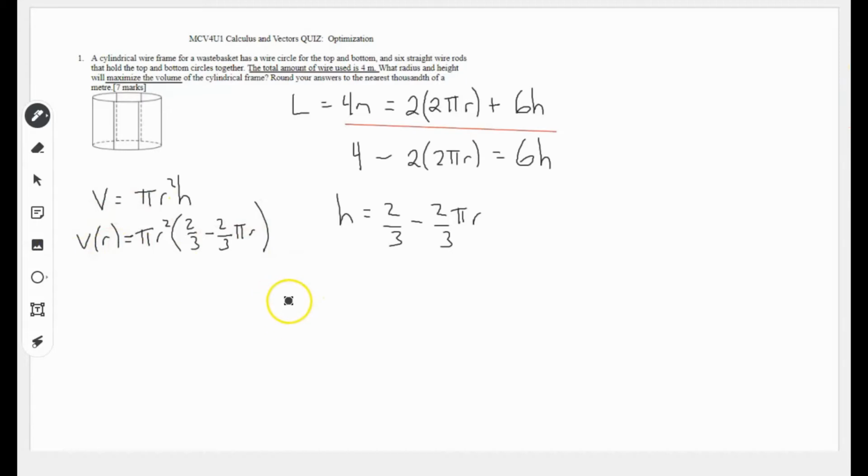I'm going to have to take the derivative of that, but it's going to be easier if I multiply through first. So let's distribute the pi r squared in. We'll end up with 2/3 pi r squared minus 2/3 pi squared r cubed.